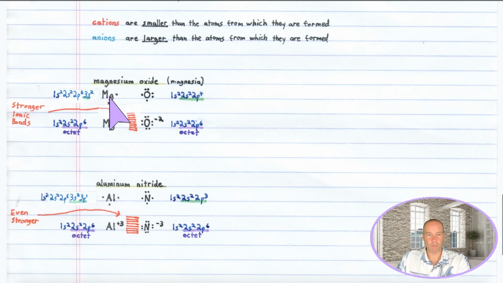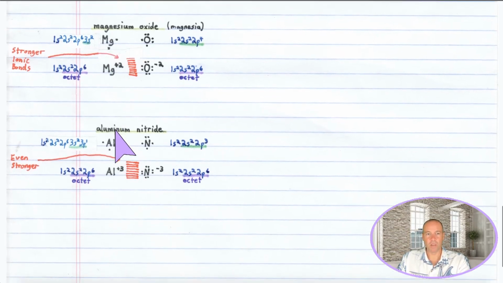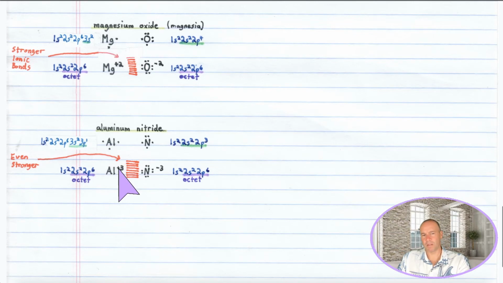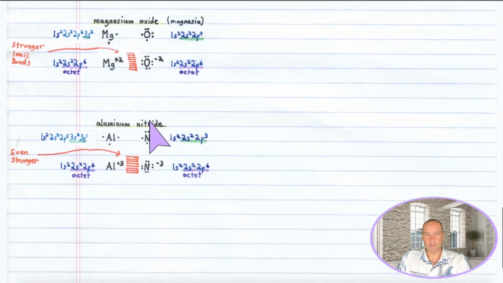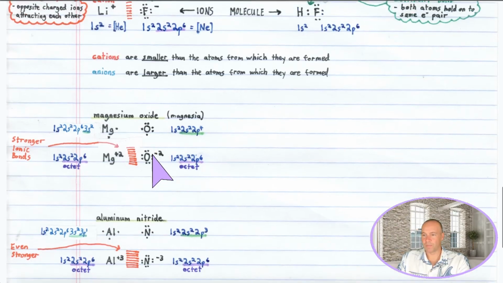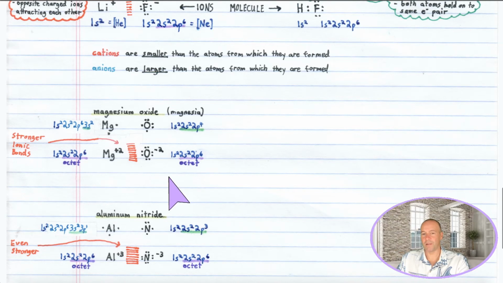Magnesium in group 2A forms a +2 charge, and aluminum in group 3A forms a +3 charge. And fluorine is a -1 charge, oxygen's a -2, and nitrogen's a -3. So this trend right here occurs for many other elements, and I'll point out the pattern.